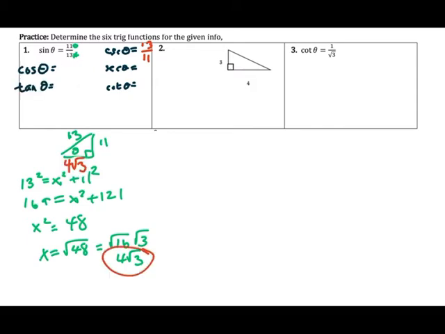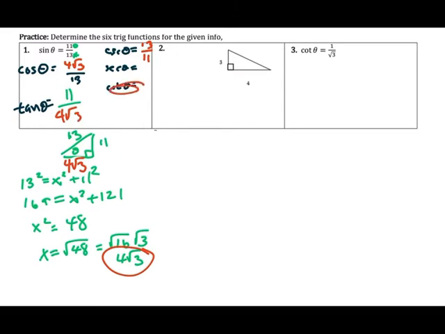Okay, so the cosine is going to be adjacent, which we just figured out is 4 times the square root of 3, over the hypotenuse, which is 13. Let's move tangent down a little bit. Tangent of theta is going to be opposite, 11, over adjacent, which we just figured out is 4 times the square root of 3. Now, in other classes, you would likely have to rationalize that.